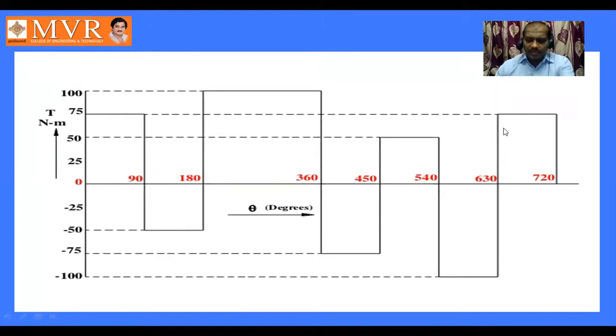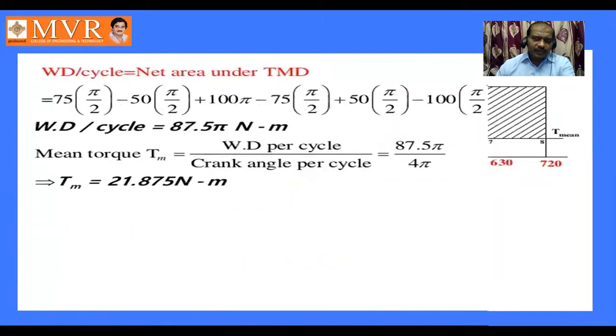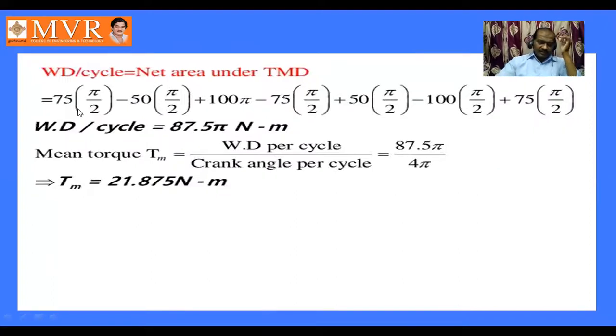So we have to calculate that one by substituting those torque values in the given conversion factor. This angle we have written, that is 75 into 90 minus 50 into this plus 100 into pi, because the difference is 180 degrees.